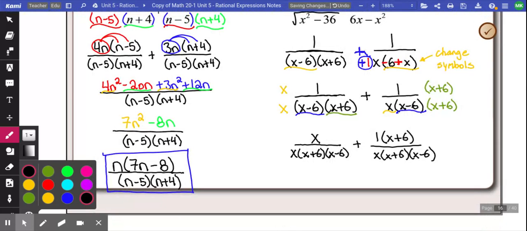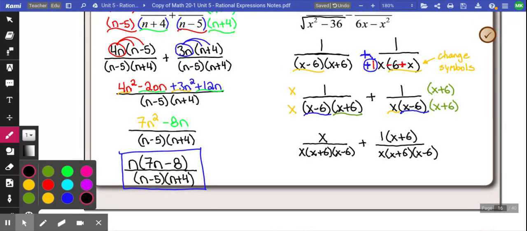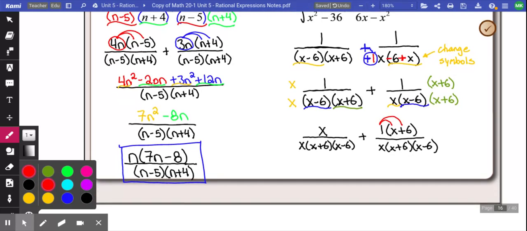When you have a common denominator, you multiply the top in. It's just a 1 multiplying in, so nothing's going to change, right? It's just going to become 1x and 6. And then you're going to add the tops. So I'm going to have x plus 6 divided by x plus 6, x minus 6.